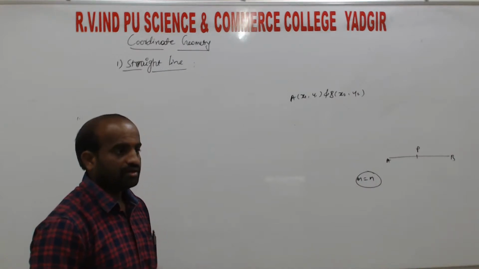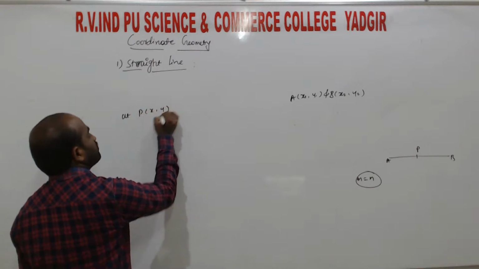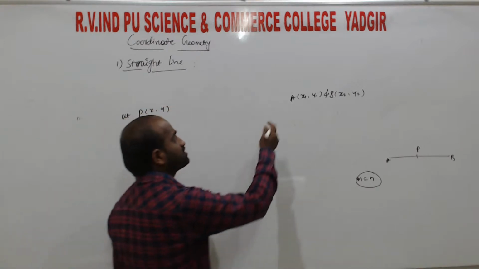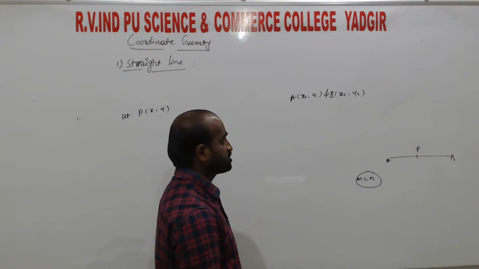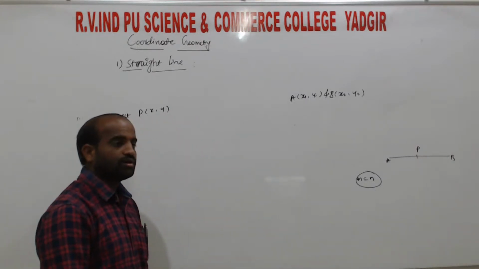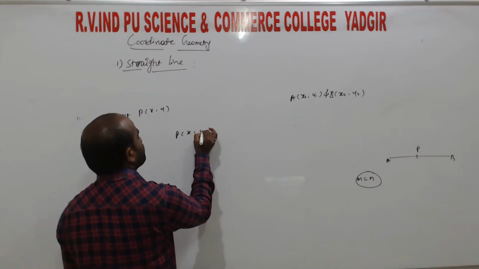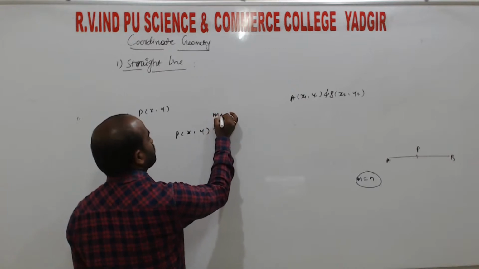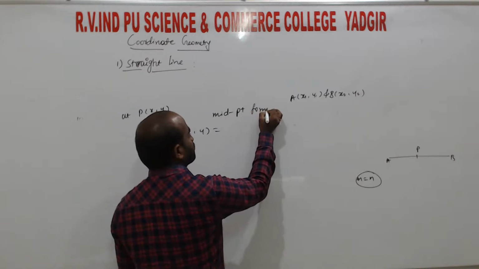Midpoint of AB. Then P of X comma Y be the midpoint of the line joining the points A and B. Ratios are same, m is equal to n, substituting, then you will get P of X comma Y is equal to the midpoint formula.